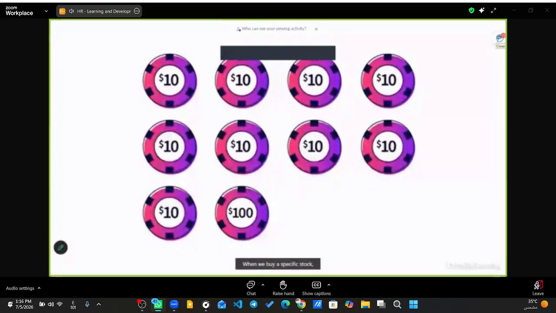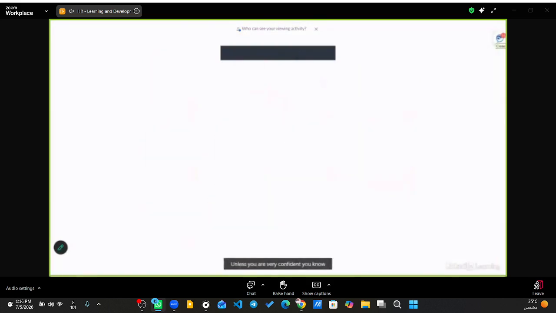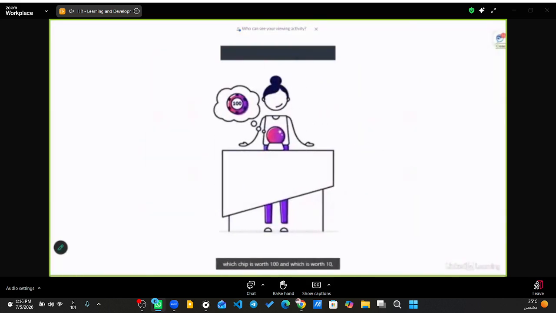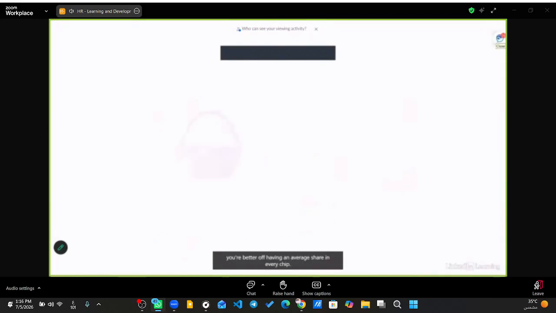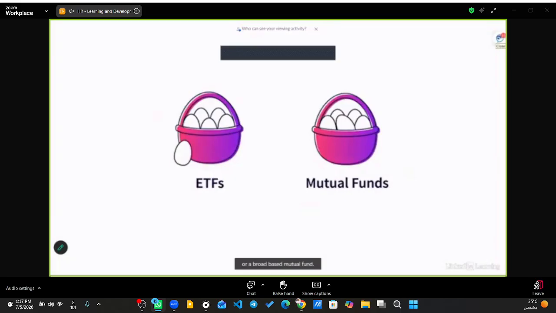When we buy a specific stock, it's like trying to pick the one $100 chip out of that bag. Unless you are very confident you know which chip is worth 100 and which is worth 10, you're better off having an average share in every chip. You can do this with an ETF or a broad-based mutual fund.